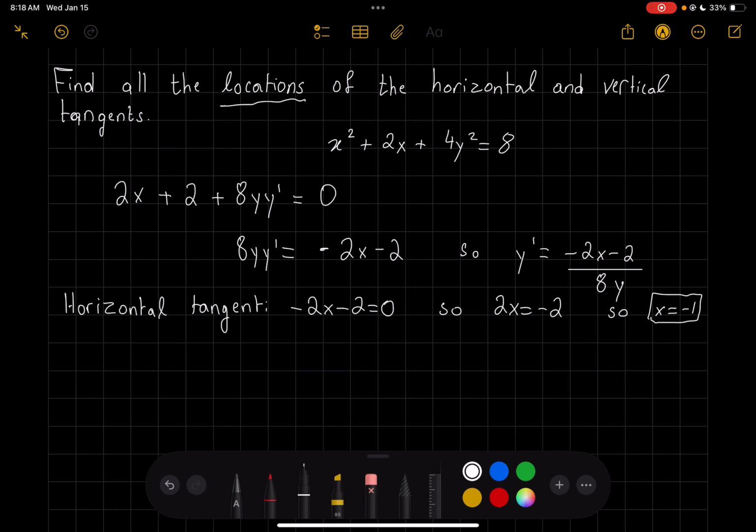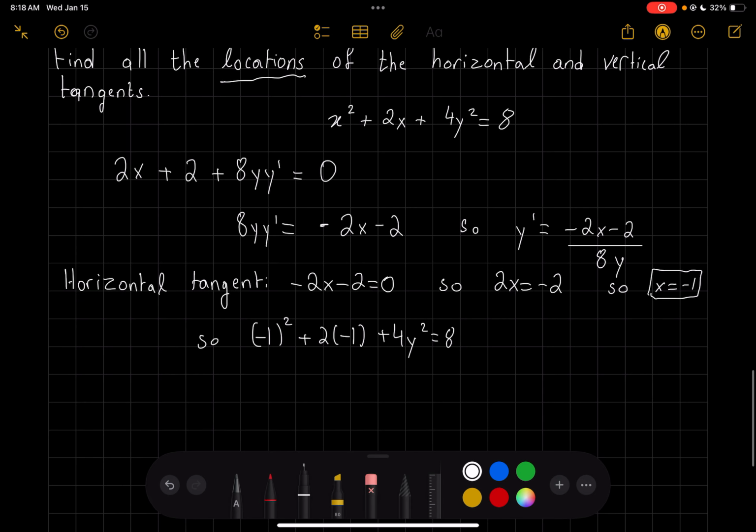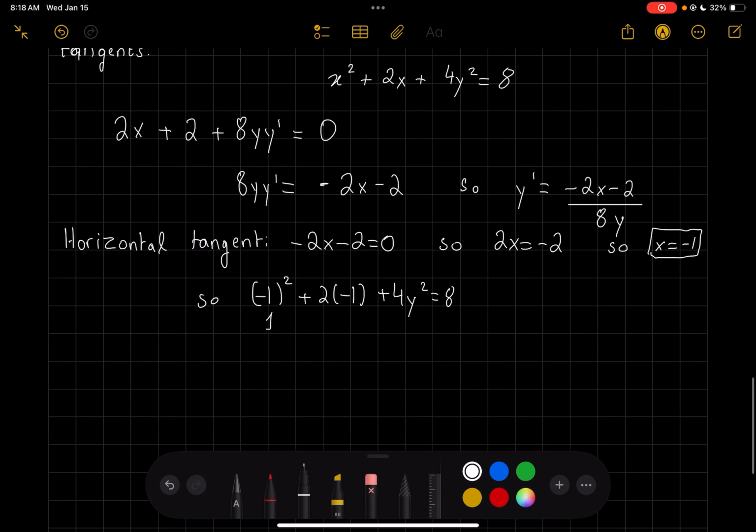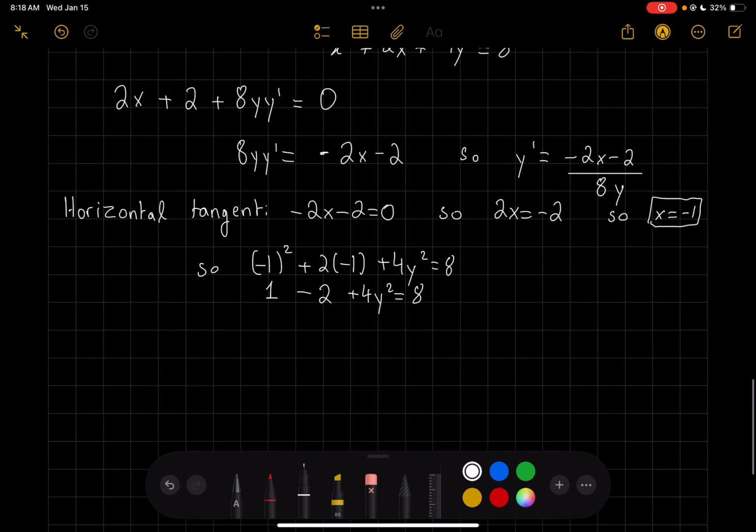So negative 1 to the power of 2 plus 2(negative 1) plus 4y squared is equal to 8. So negative 1 to the power of 2 is going to be 1. 2 times negative 1 is going to be negative 2, plus 4y squared is equal to 8. So 1 minus 2 is going to be negative 1, plus 4y squared equals 8.